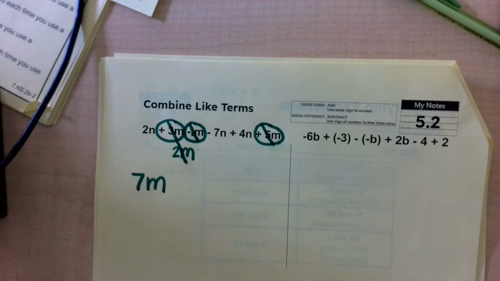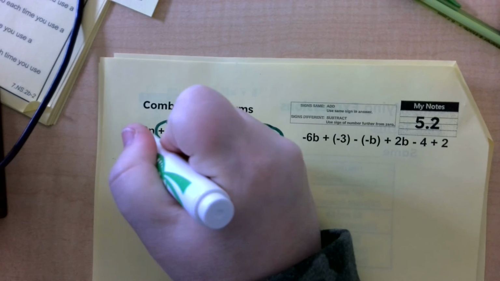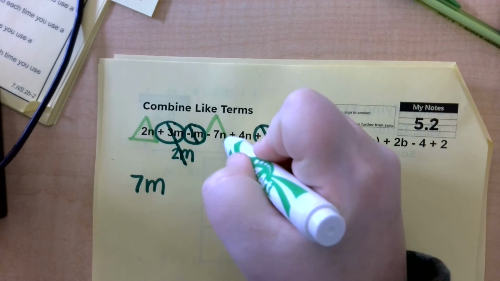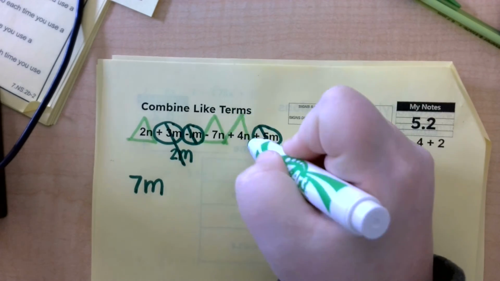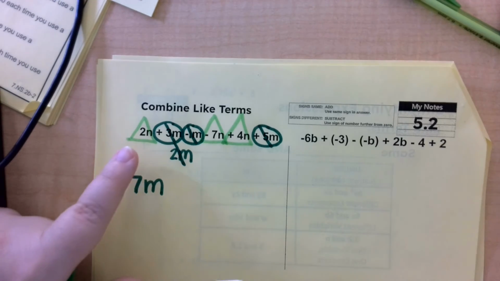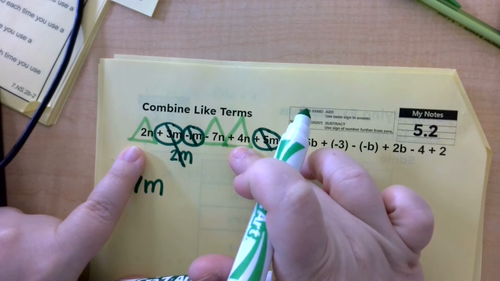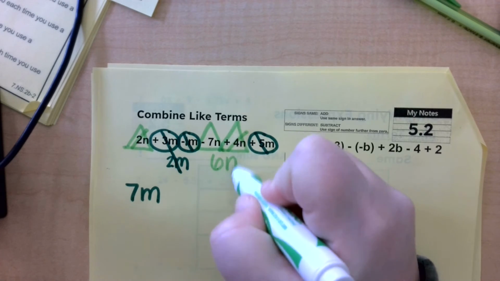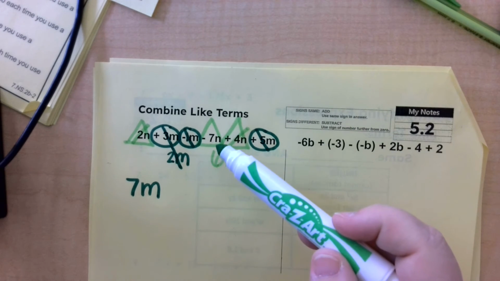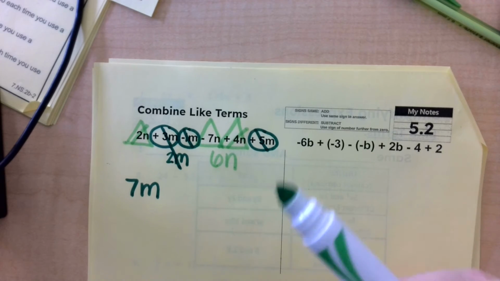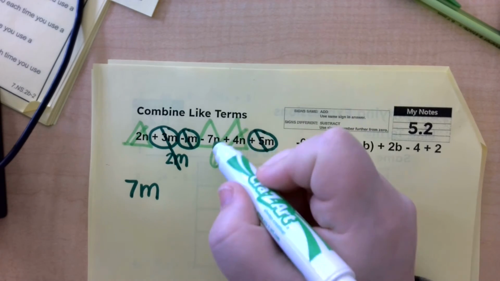All right. So now we're going to do the n's. So I have 2n minus 7n plus 4n. All right, I'm going to add the positive ones together. 2n plus 4n is 6n. So then I have negative 7n plus 6n, which is negative 1n.